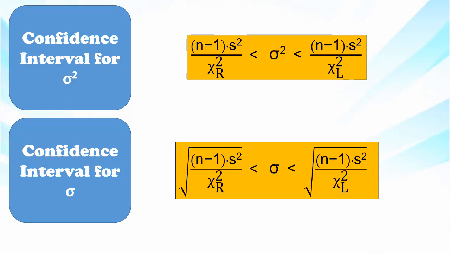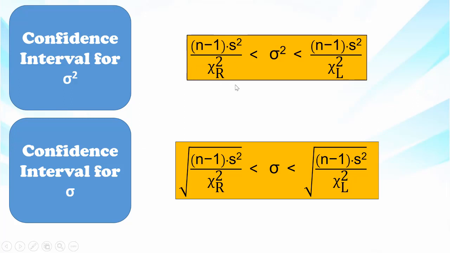So with these formulas, what I want you to notice is that the right-hand critical value for the chi-square distribution is on the left side of the formula, and the left-hand critical value is on the right side. Now, why would this be the case?